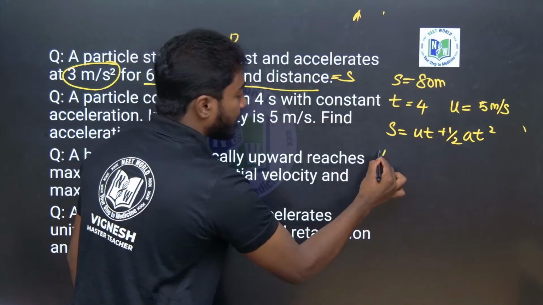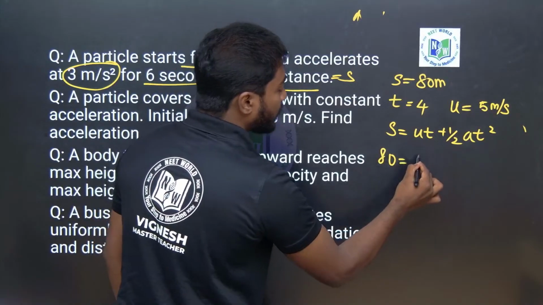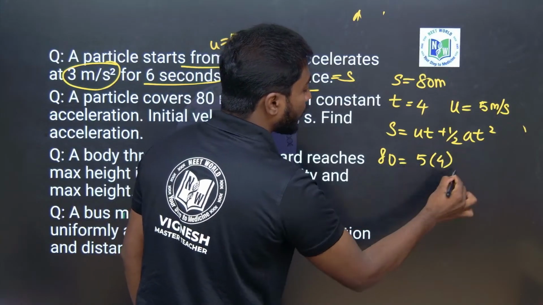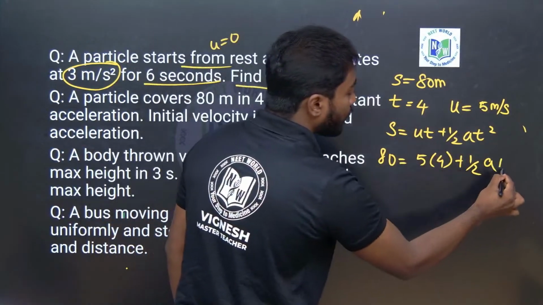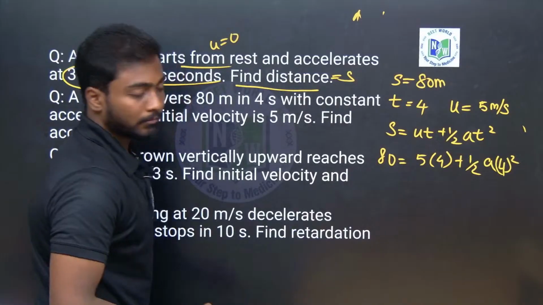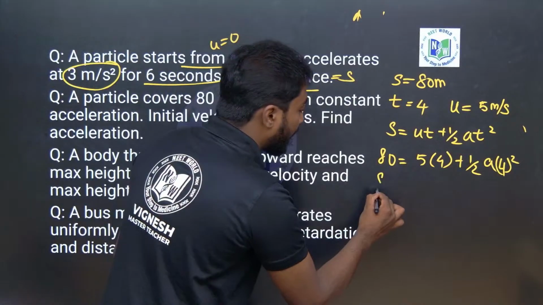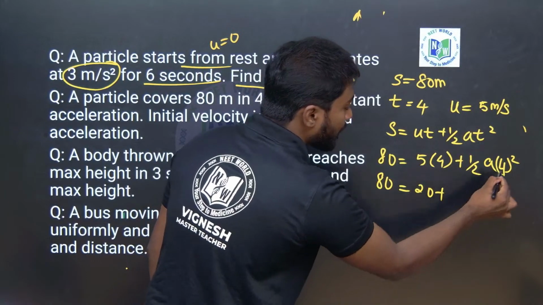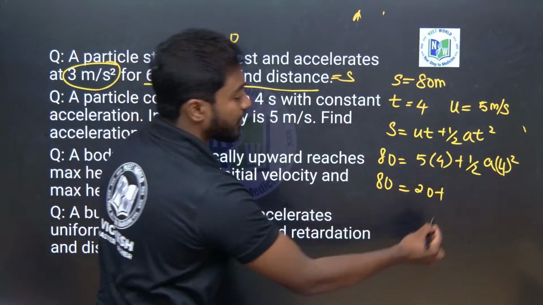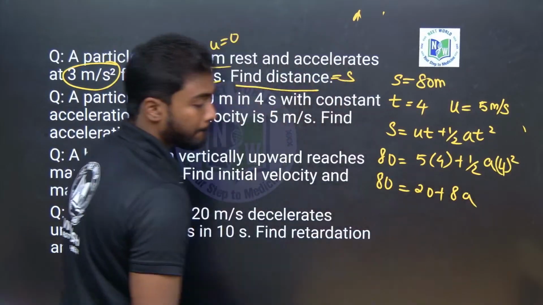So S is 80, u is 5 into the time 4, plus half into a, I should keep as it is, again 4 square. Time is 4 square. So 80 equals 5 fours are 20, 20 plus 4 square is 16, 16 by 2 is 8, so 8a.